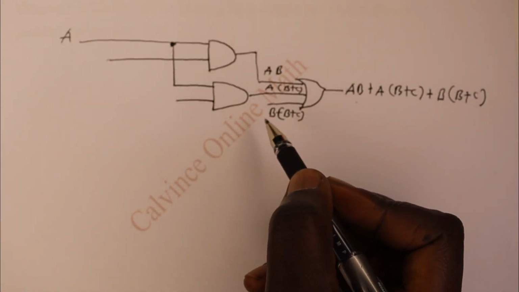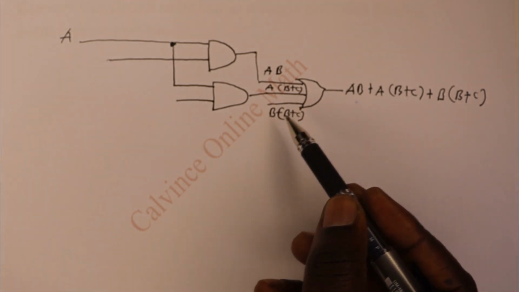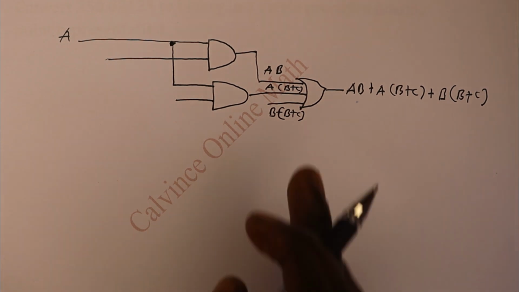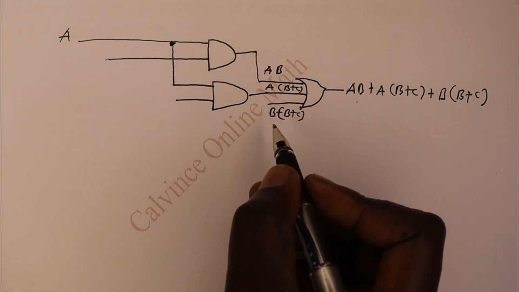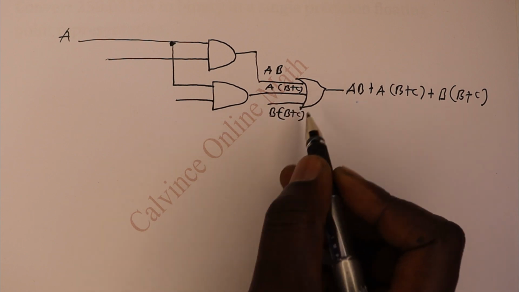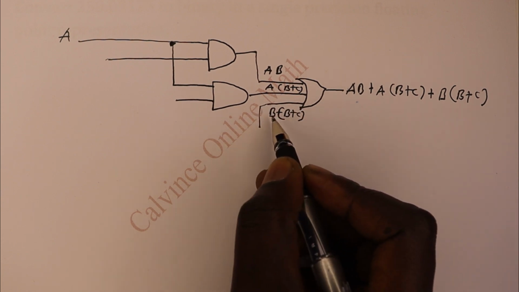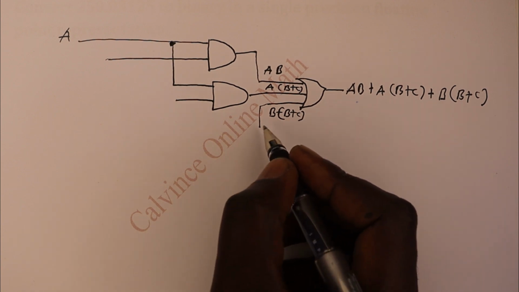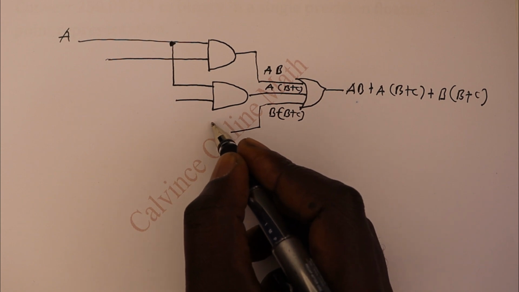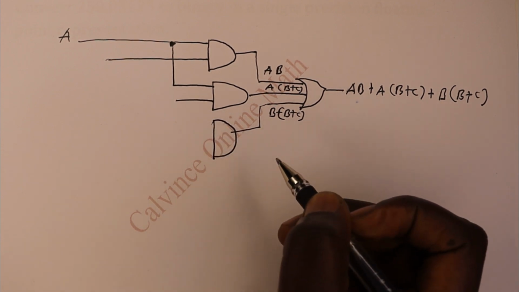Okay, so before we proceed, we can also look at the third input for this particular OR gate. So we have B times B plus C. So it means it was a product of two expressions. So it means it passed through an AND gate. So we also draw the AND gate there.